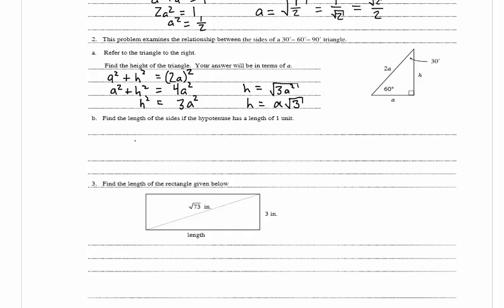And now it wants us to find the length of the sides if the hypotenuse has a length of 1 unit. And if they want the hypotenuse to equal 1, that means that 2a is equal to 1. And we could say that a is equal to 1/2. If a was equal to 1/2, we would have 1 squared for the hypotenuse is equal to 1/2 squared plus h squared.